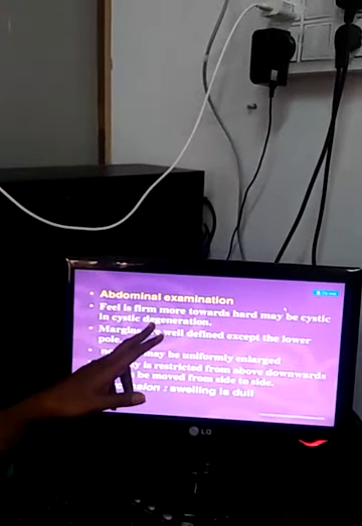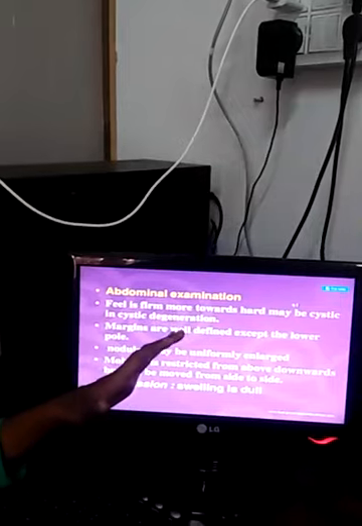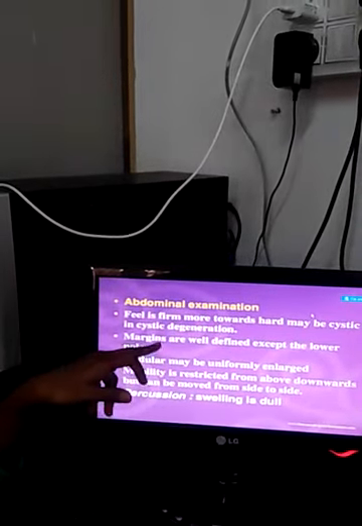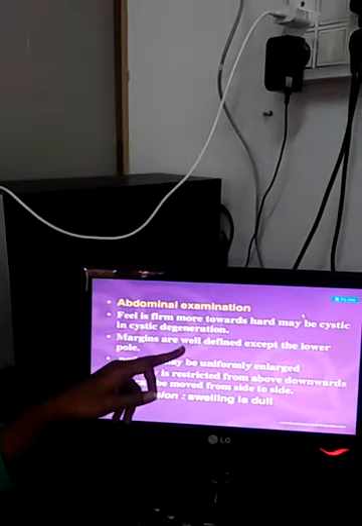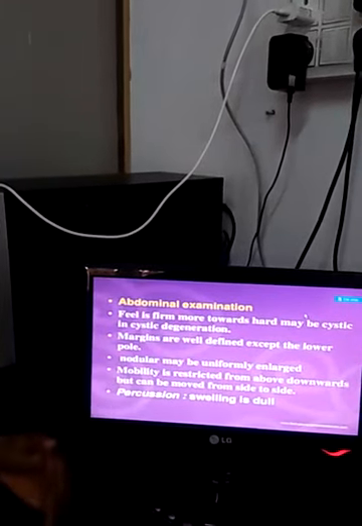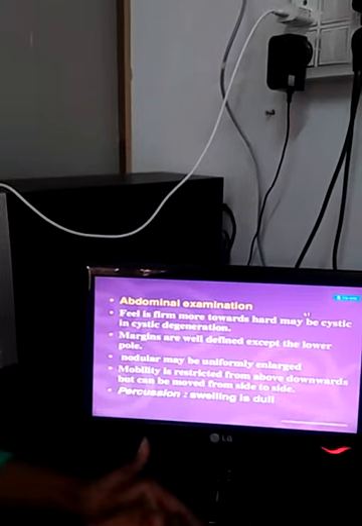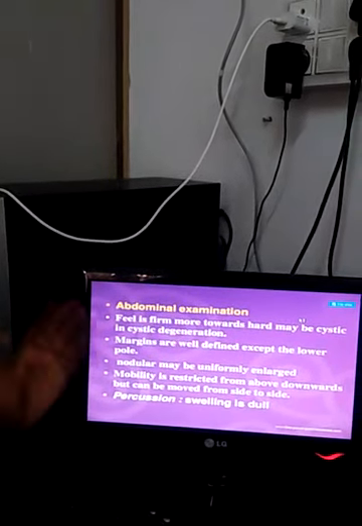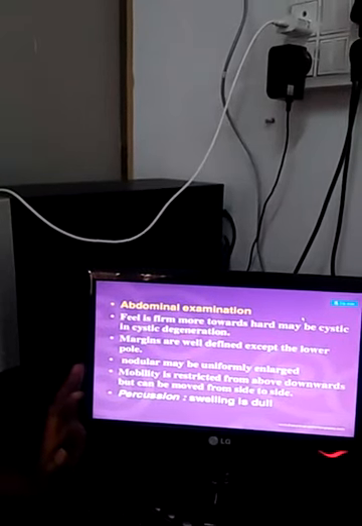Margins are well defined except the lower pole. If you see the upper part, the margins are well defined in the abdominal examination.